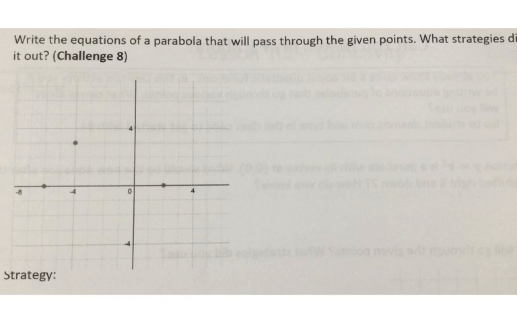So if I was asked to write an equation for this graph, I want to know what key characteristics do I know? I know both x-intercepts. That automatically makes me think I want to put this in factored form because I know where the x-intercepts are. So in factored form, I would have f of x equals, I still don't know what a is, right?